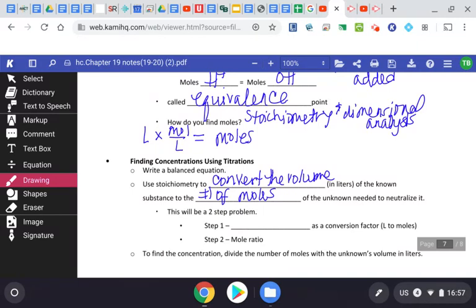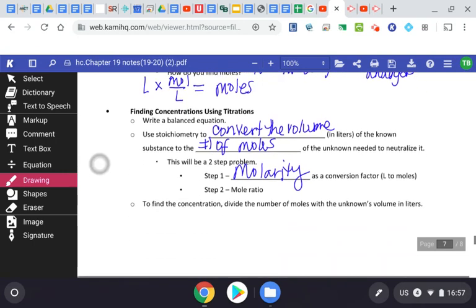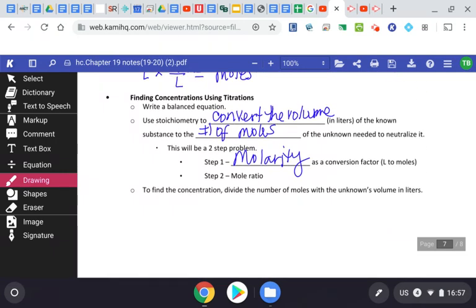All right, so this is going to be a two-step problem. First, we're going to use molarity as a conversion factor. And then we're going to use mole ratio to find the moles of our unknown. And once we have our moles of unknown, we're going to take those number of moles and divide it by the volume in liters of our unknown substance. And that moles over liter will give us our molarity of our unknown.